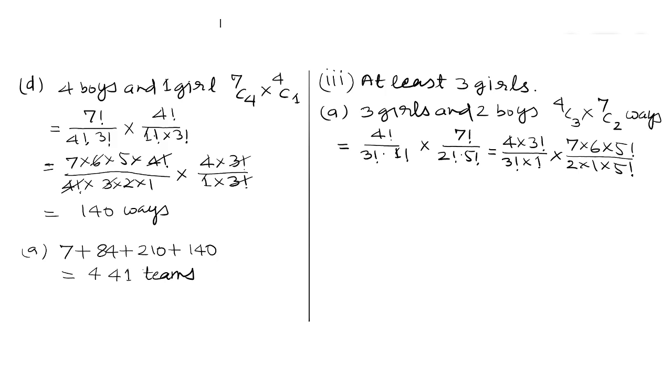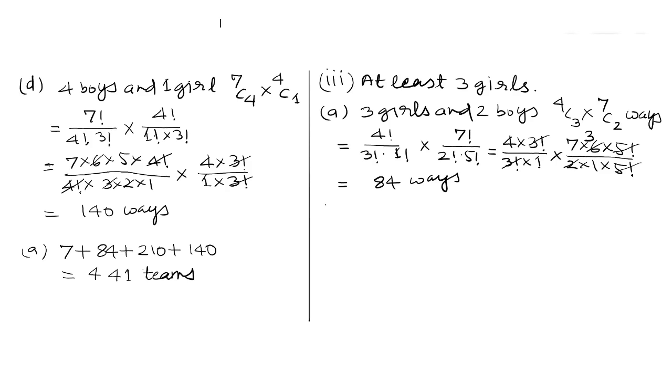We cancel the 3 factorial of numerator by 3 factorial of denominator, and 5 factorial of numerator by 5 factorial of denominator, and the 2 of denominator cancels the 6 of numerator for 3 times. So this is equal to 7 times 3 times 4 is 84. So there are 84 ways of selecting 3 girls and 2 boys.